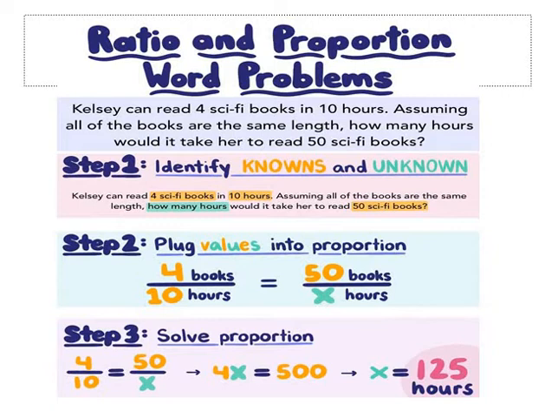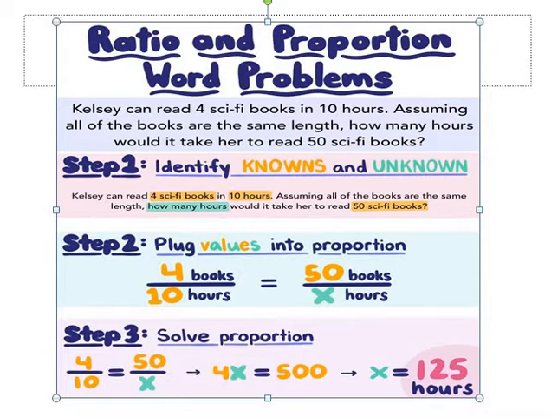It means I put the same unit in the same position. I put books in the numerator, so I put the 50 books in the other numerator. I put hours in the denominator, so I put the unknown hours in the other denominator.